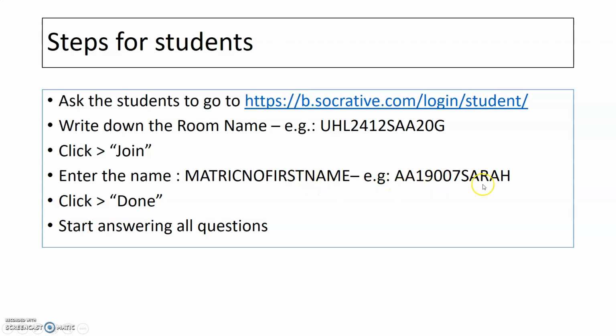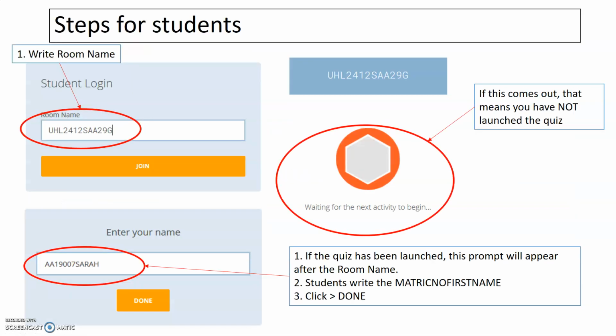If several people in the same section have the same name, just key in your first name as usual. You don't have to worry, because what makes you different from the others is the ID number or metric number. Then you click done and you can start answering all of the questions.